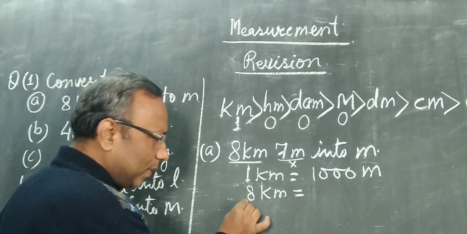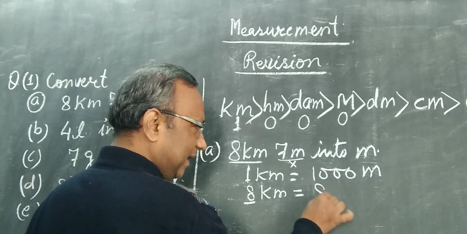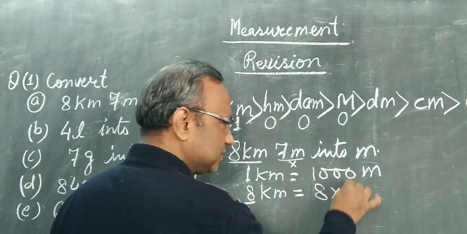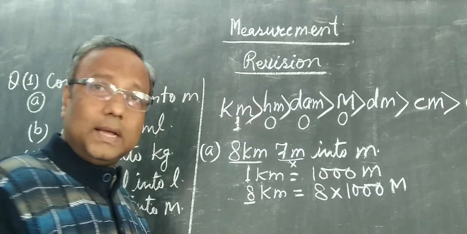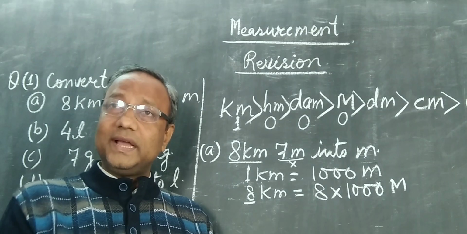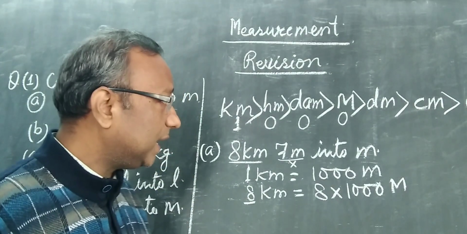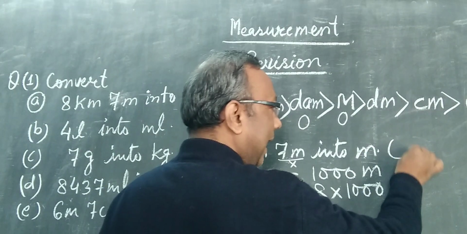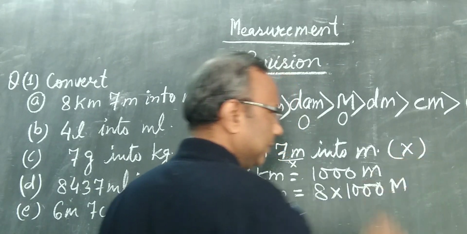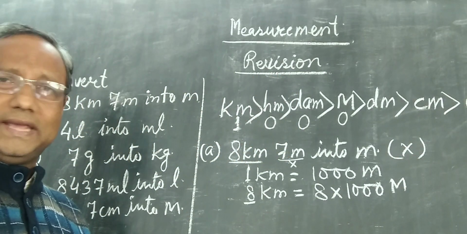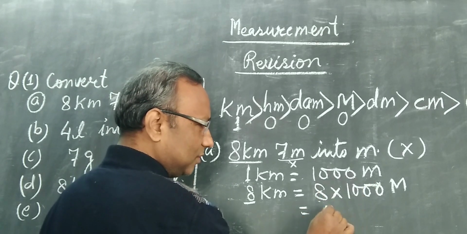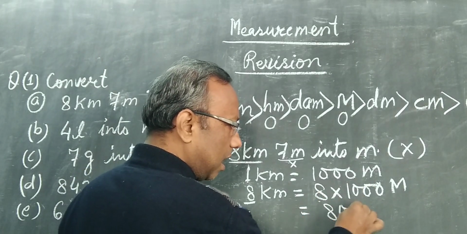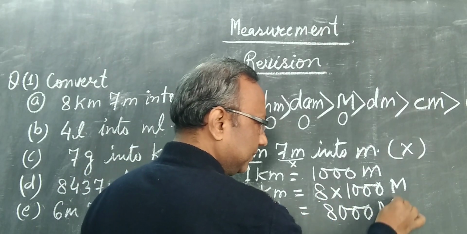So we will take only number 8, then multiply by 1000 meter. Whenever we have to convert the greater unit into a smaller unit, we will have multiplication. We have to multiply. So now see boys, 8 multiplied by 1000 will be 8000 meter.